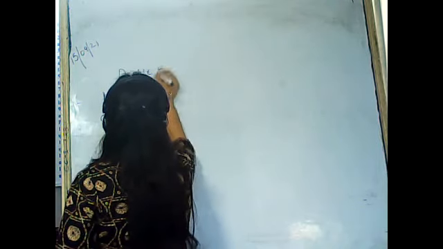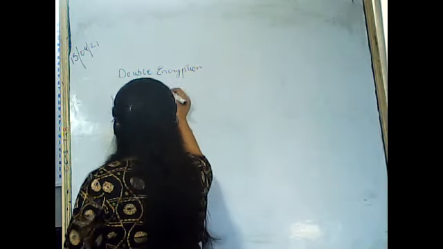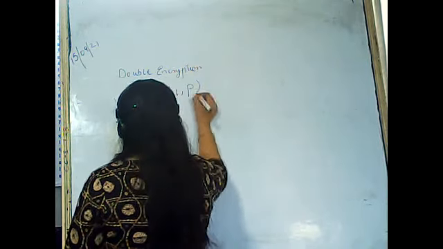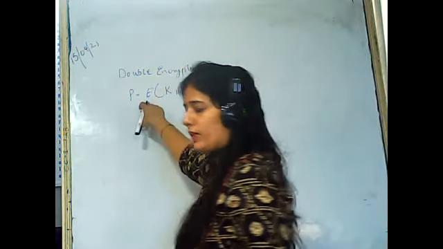Okay, so we will start with this particular part, that is double encryption. We use a formula over here: C equals E(K2, E(K1, P)). P is your plain text. Encryption with K1 means we are encrypting that plain text with K1, the key 1.